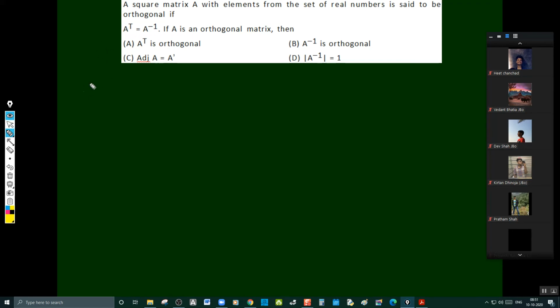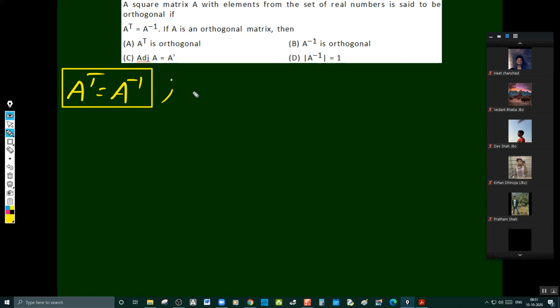A is a square matrix with elements from the set of real numbers is said to be orthogonal if A transpose is equal to A inverse. If A is an orthogonal matrix, then now I have to say the data. Okay, A transpose is equal to A inverse is given. But what is the definition of an orthogonal matrix?